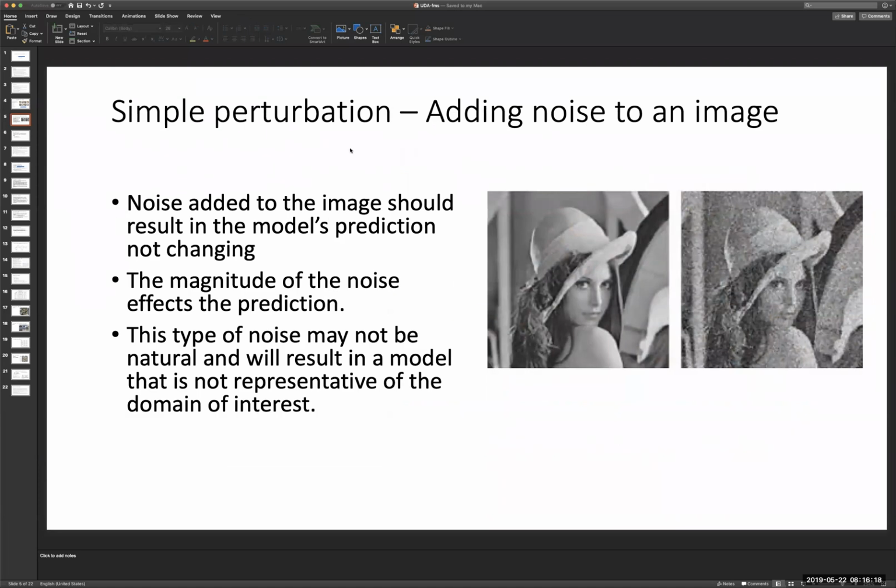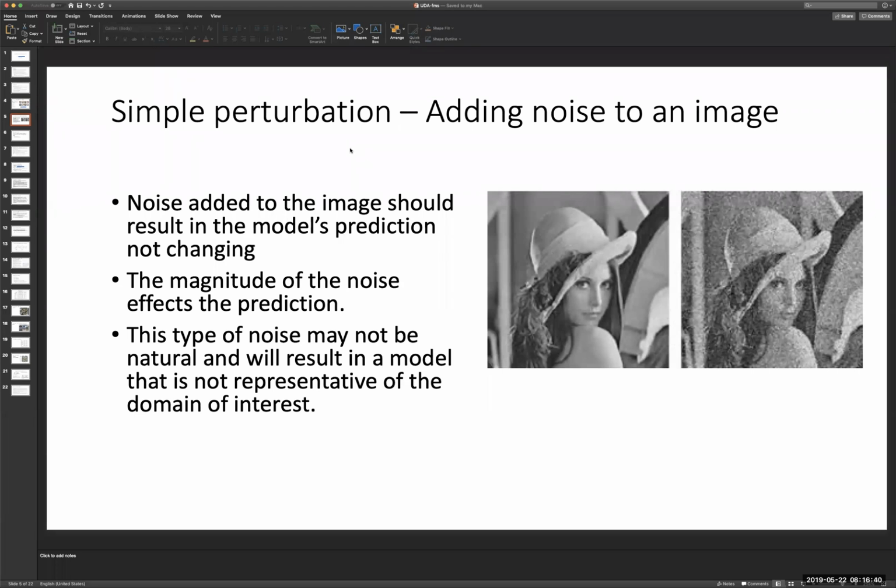And here's a little bit more detail about adding noise to an image, one of the perturbations we discussed before. This is very early on. People added noise to signals to try to make the model more robust.